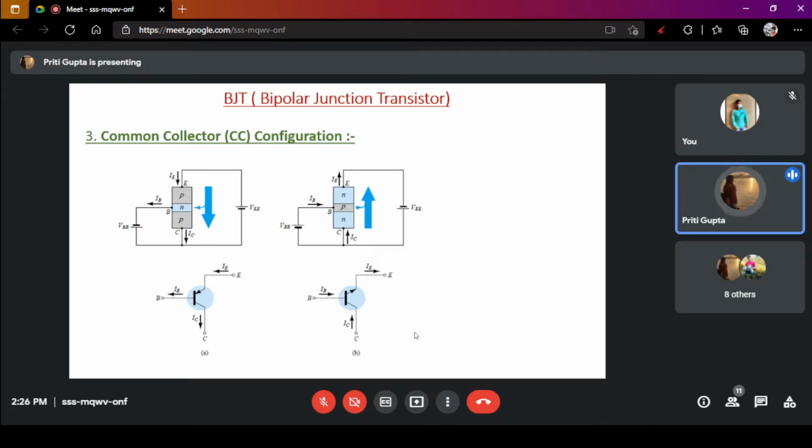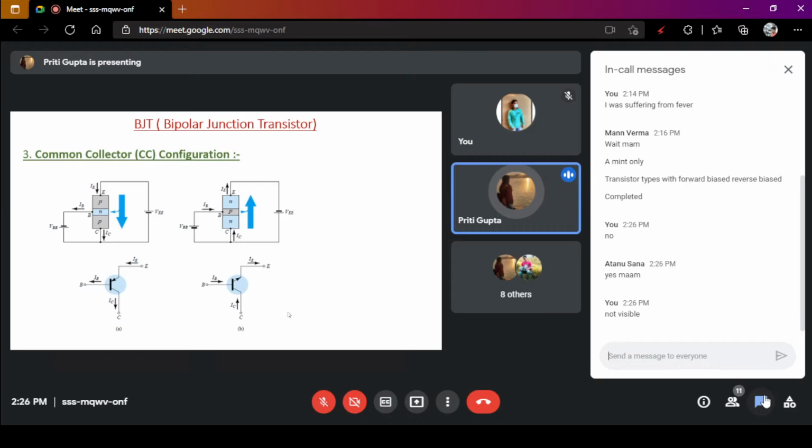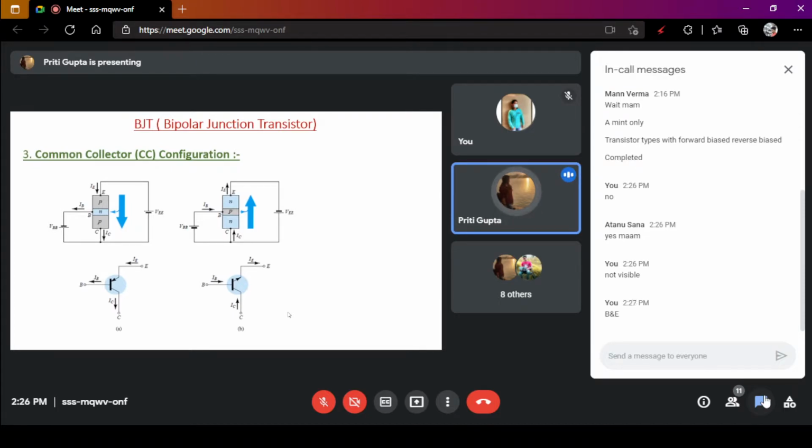Just have a look and then tell me. Base or emitter, or base or collector? In which terminal will we apply the input? Man Verma, what is your opinion? Yes, ma'am.